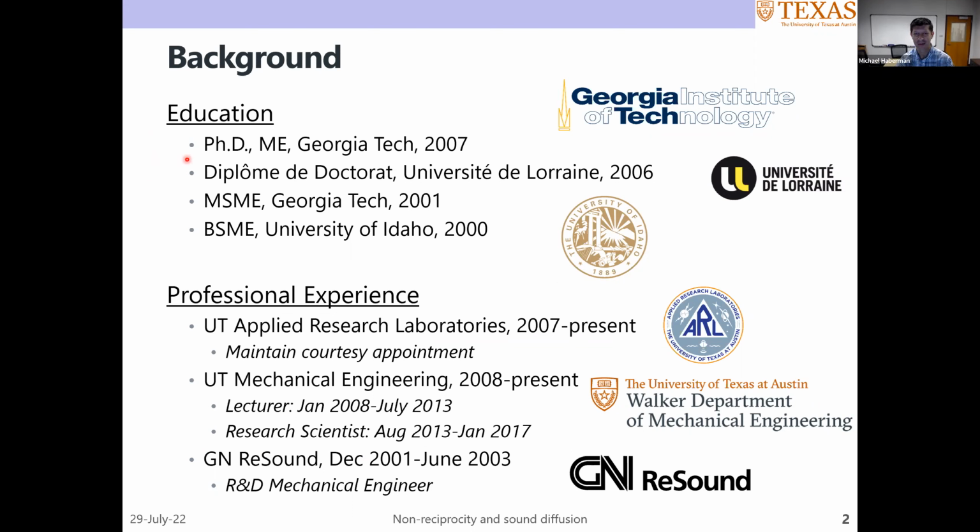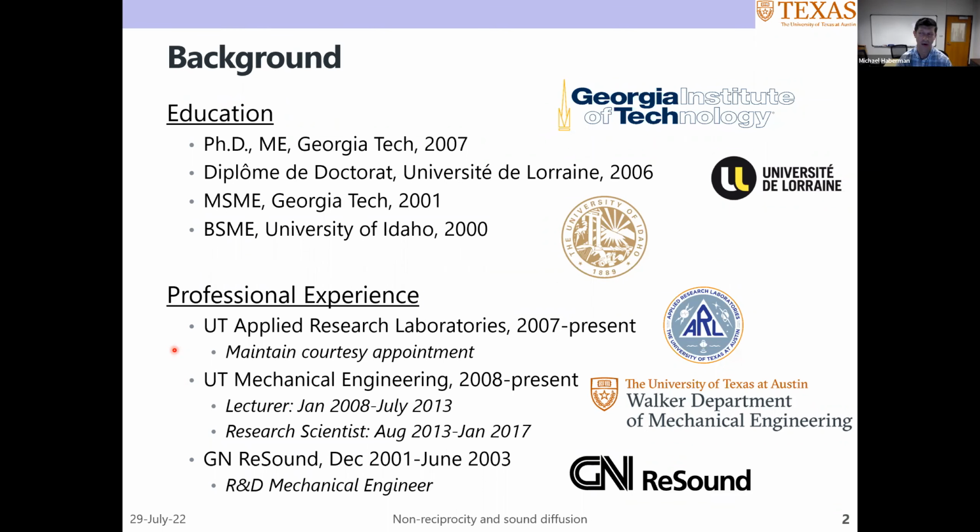Just really quick in terms of background, I did want to give you a little bit of an idea where I'm coming from here. I finished my PhD at Georgia Tech in 2007, quite a while ago, and spent a lot of time across the channel from you all in Eastern France, in a parallel double degree program. I then spent about 10 years as a research scientist at the Applied Research Laboratories at the University of Texas at Austin.